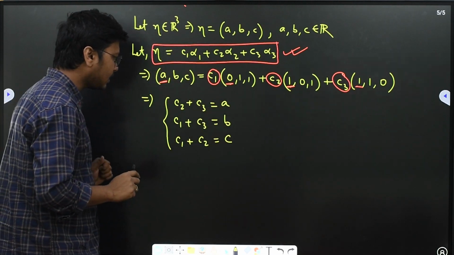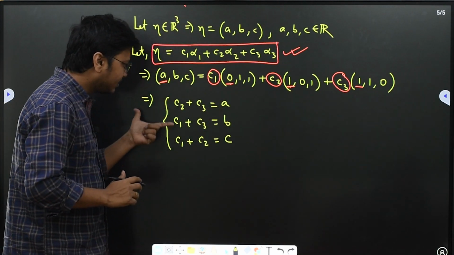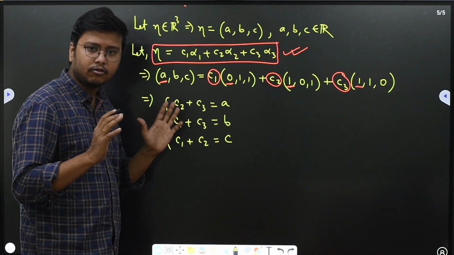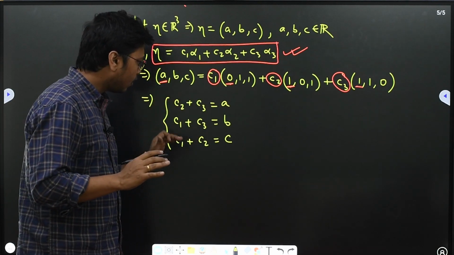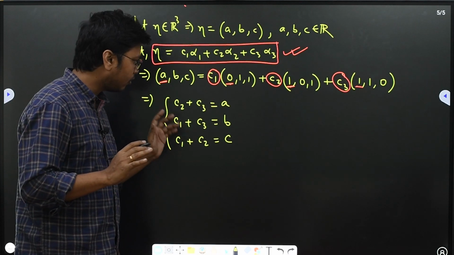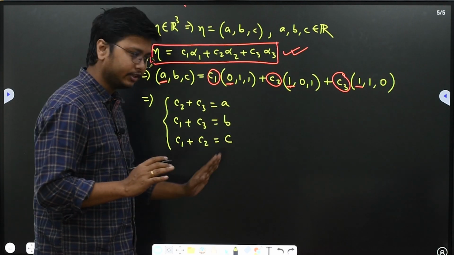Now, you can observe this is a system of linear non-homogeneous equations, right? Why non-homogeneous? Because you have constants on the RHS.